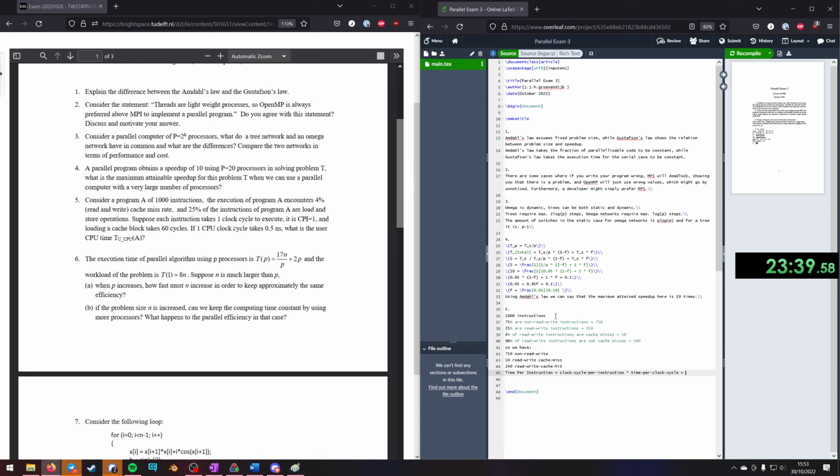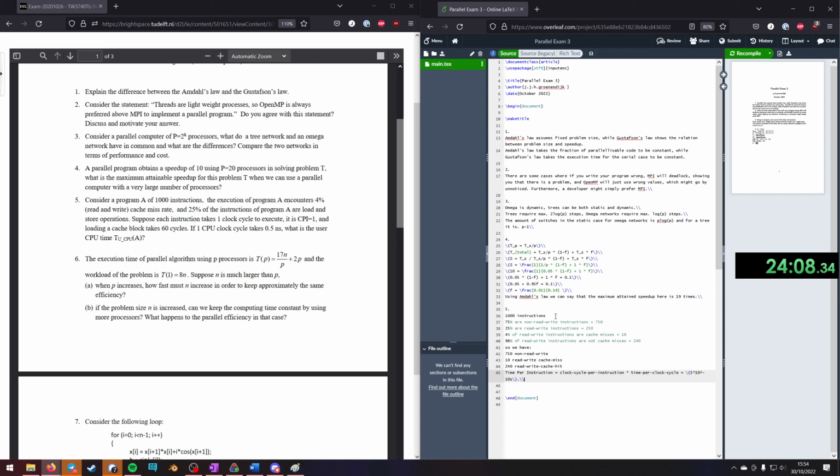Clock cycles per instruction is one clock cycle, so CPI is 1. One CPU clock cycle takes 0.5 nanoseconds, which is 5 times 10 to the negative 10 seconds.